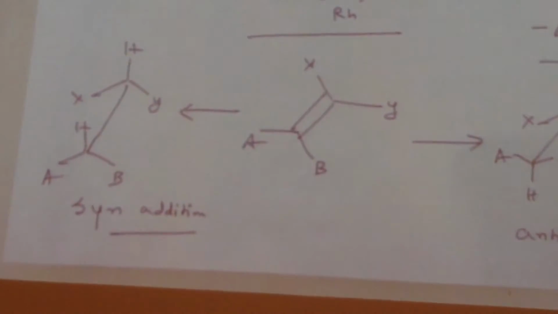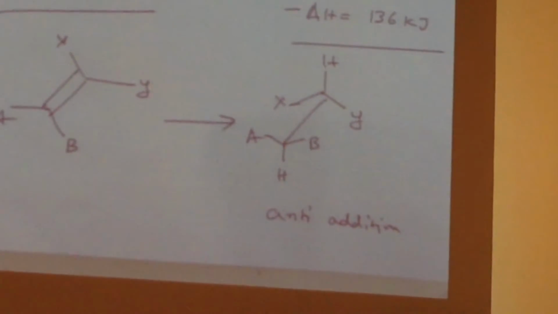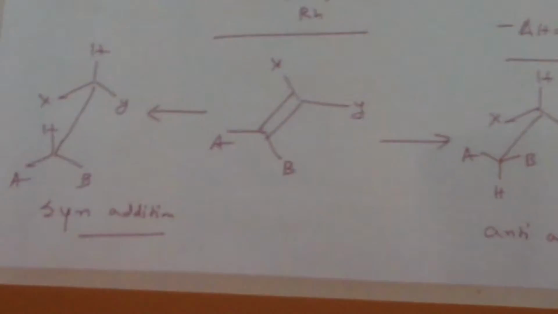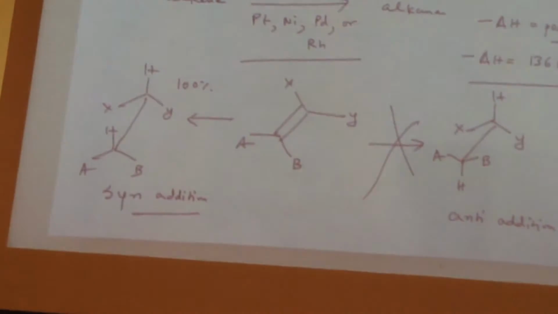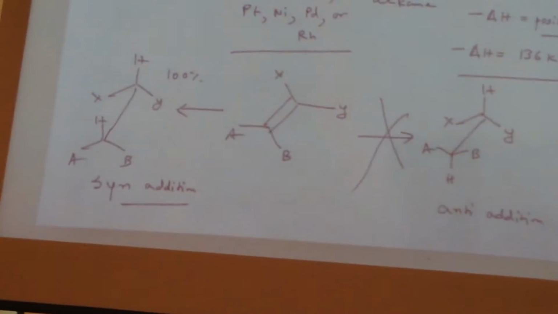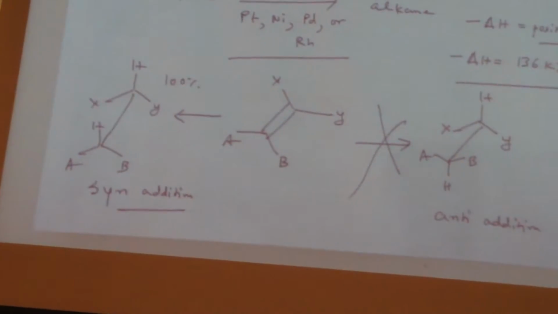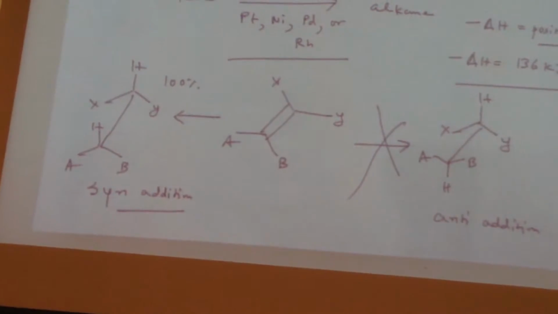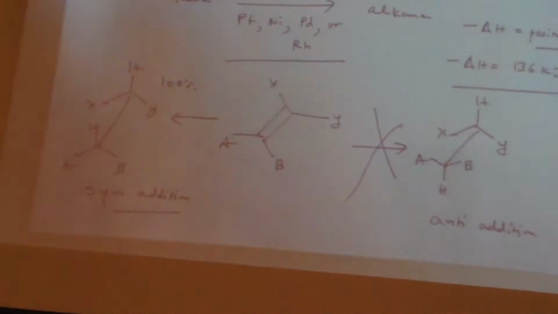It turns out that when the stereochemistry was examined carefully, the hydrogen always comes from the same place. So this is 100%, and the anti addition does not happen. We understand this when we follow the mechanism of the process. So the mechanism goes as follows. Let's assume that you have a metal surface here.